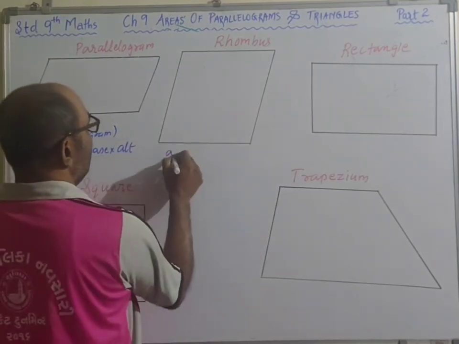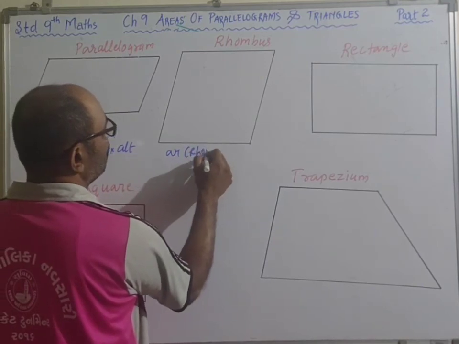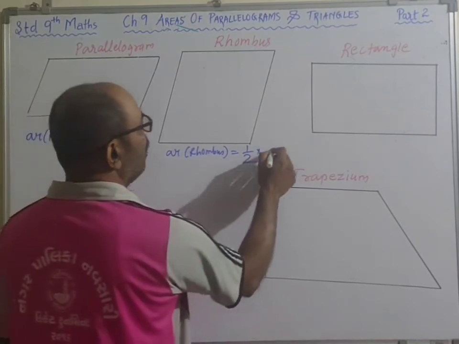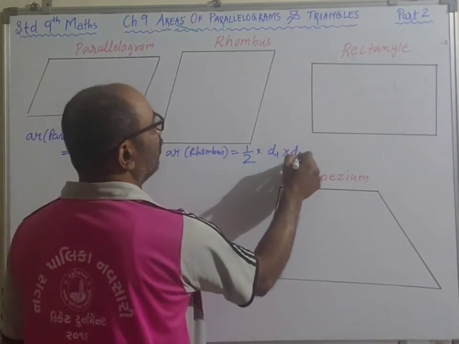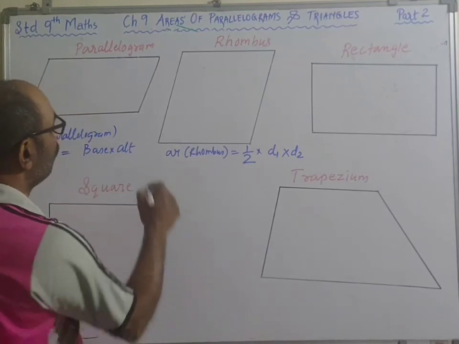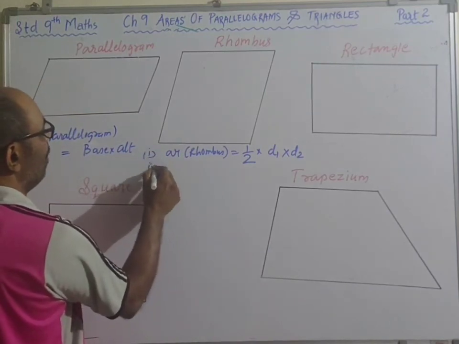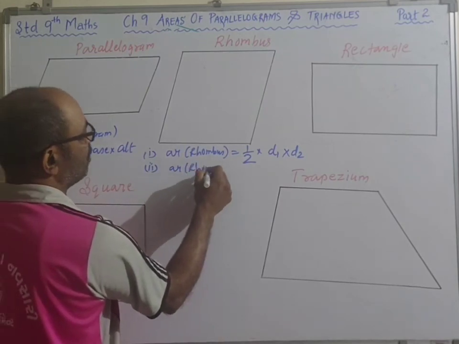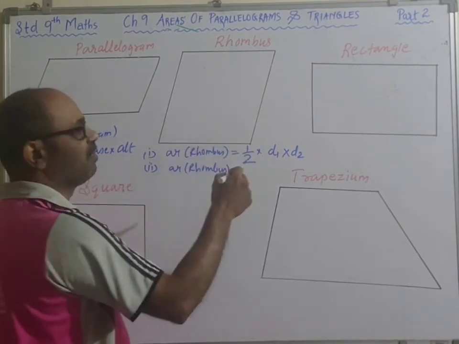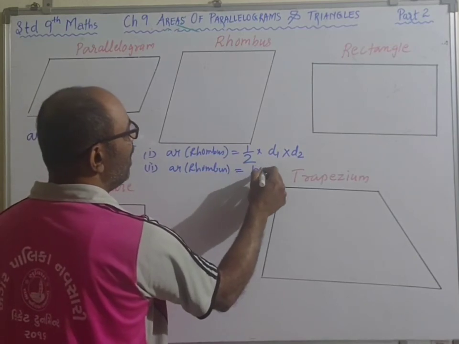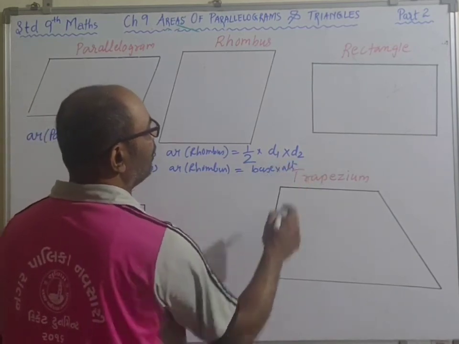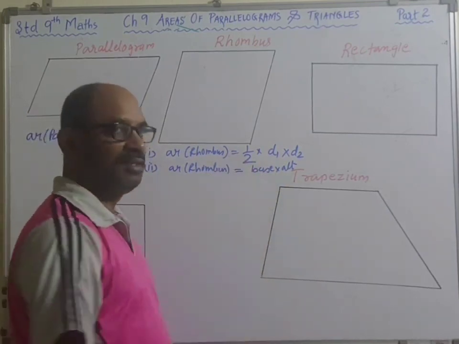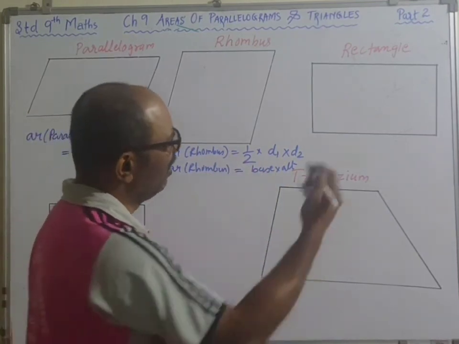Rhombus, area of rhombus, that is half into diagonal 1 into diagonal 2 और उसकी दूसरी फॉर्मूला भी है, area of rhombus, because every rhombus is a parallelogram. So base into corresponding altitude. If diagonals are given, use the first formula. If base and altitude are given, use the second formula.